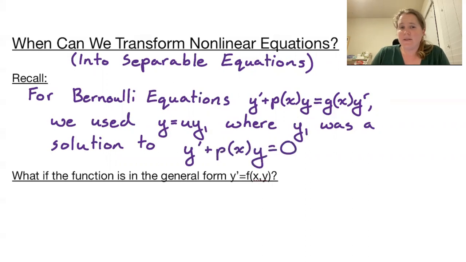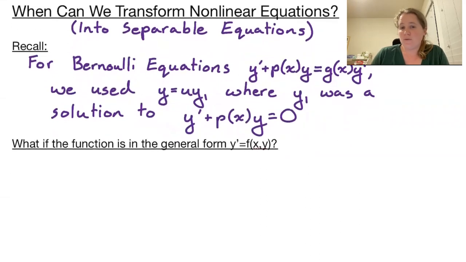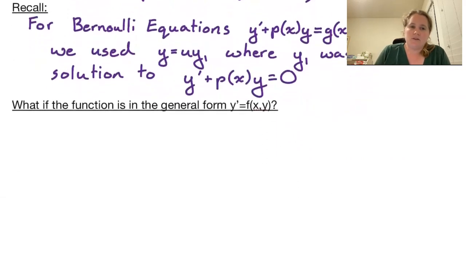But the question now is, that was very specific for Bernoulli's, that we could use that y1 because Bernoulli's looked more or less like a non-homogeneous linear equation. So now what if we just have the general form y prime equals f of x, y? So what we really need to do is see what can we use for y1.